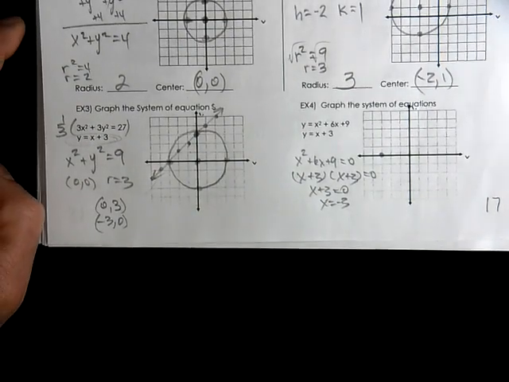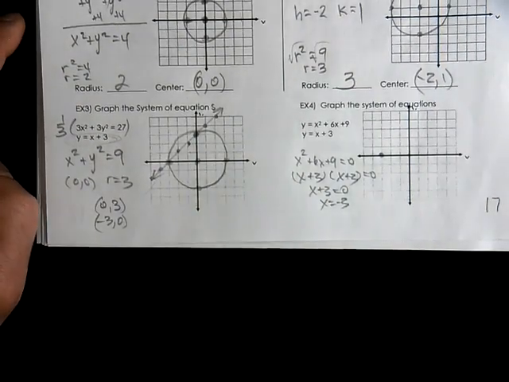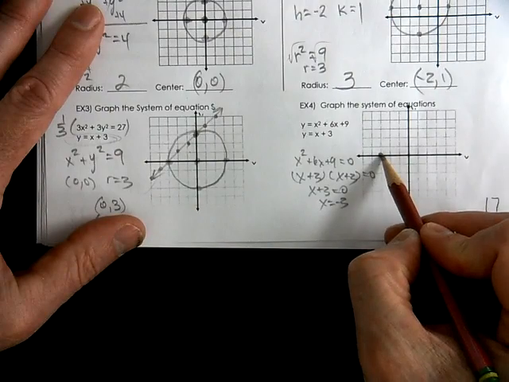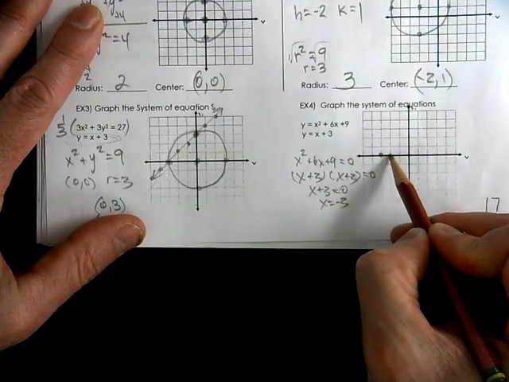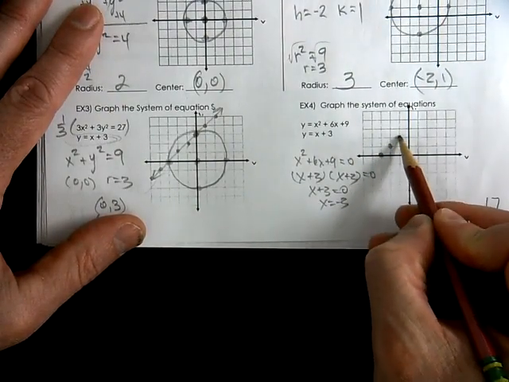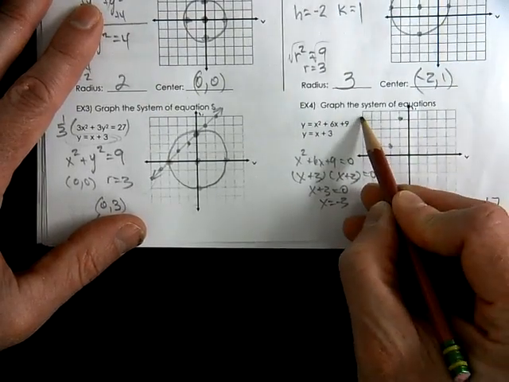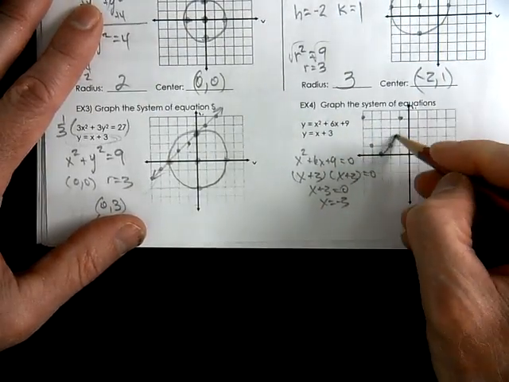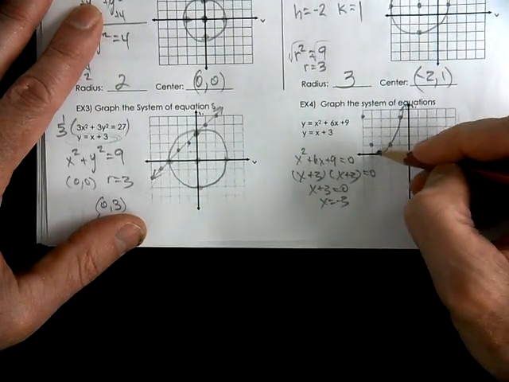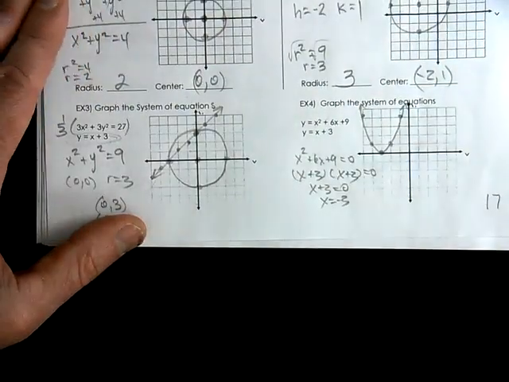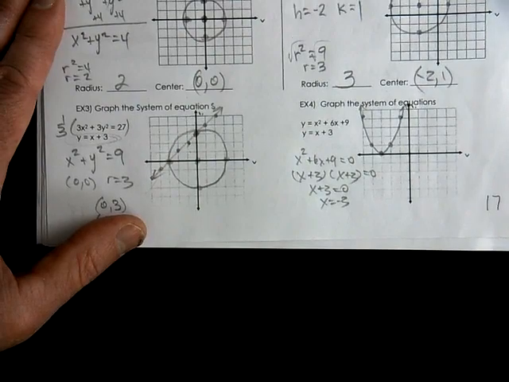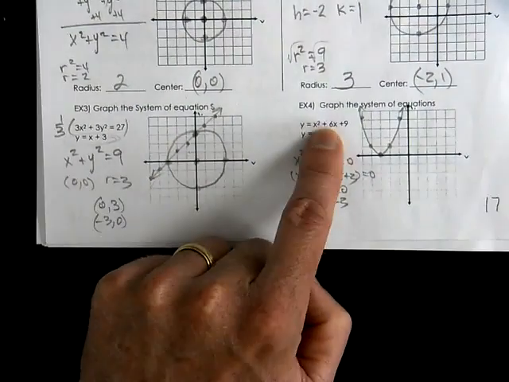And the rest of the graphing is easy. It's just the parent function. 1 over 1 up, 2 over 4 up, and reflect that across. So we graphed our quadratic.